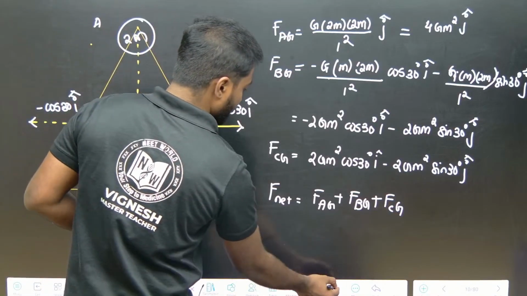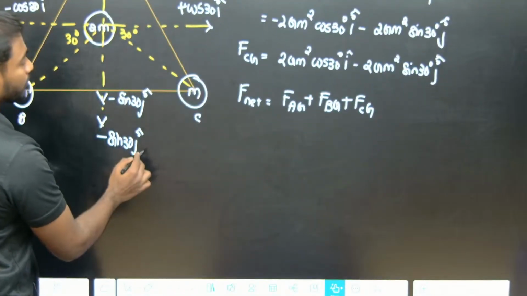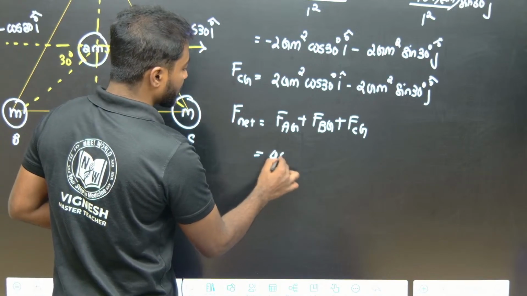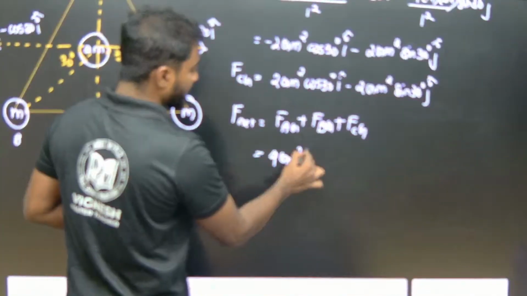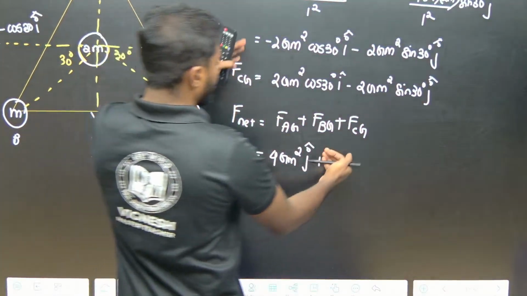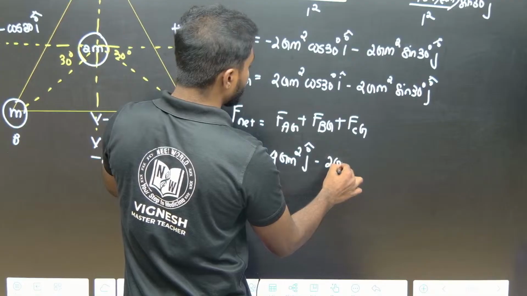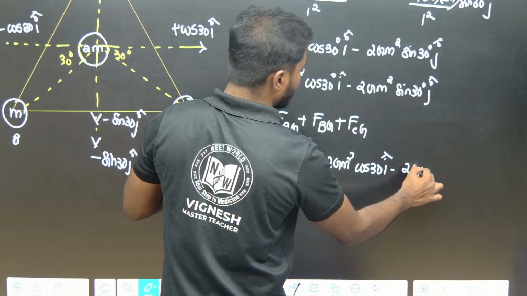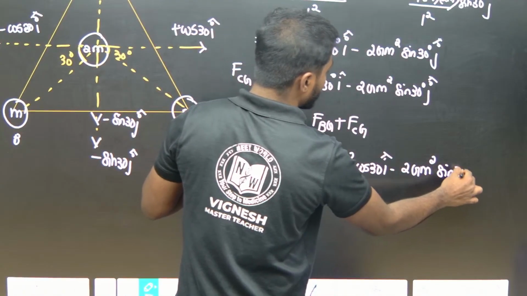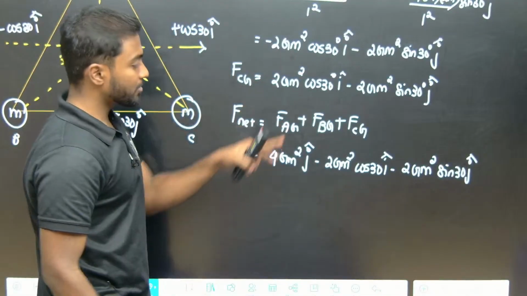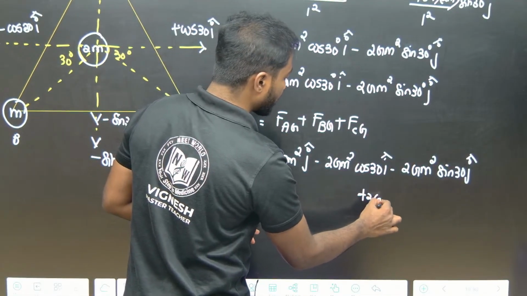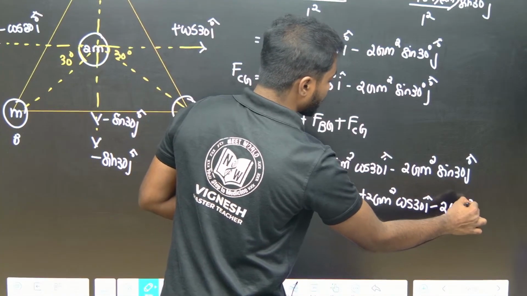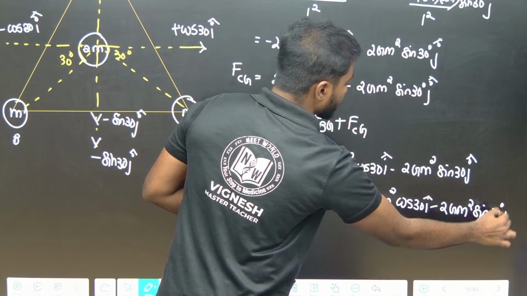So, adding: this is 4g m square j cap, and this is minus 2g m square cos 30 i cap minus 2g m square sin 30 j cap, and this is plus 2g m square cos 30 i cap minus 2g m square sin 30 j cap.